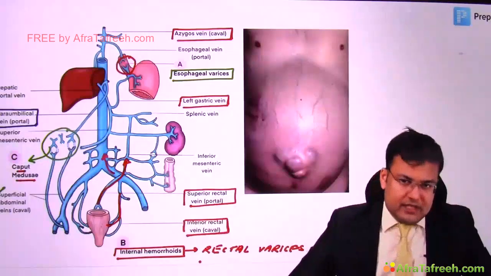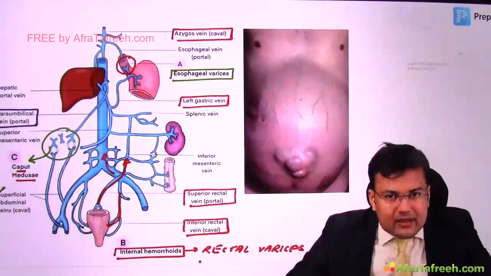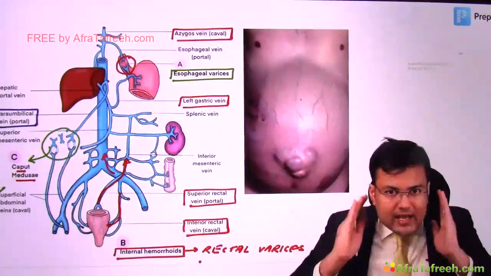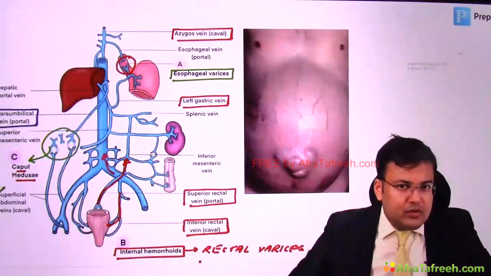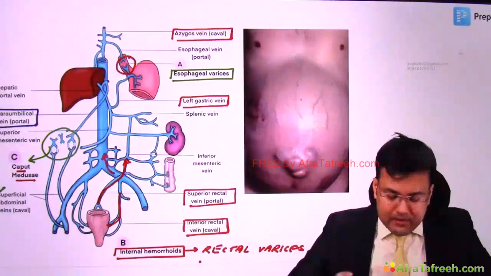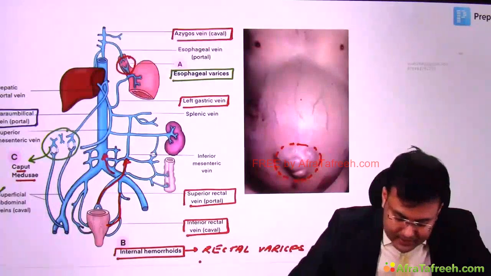Now see the question which is asked. Suppose I am putting my stethoscope around the umbilicus. At the location of caput medusae, I can hear a venous hum. And what is the name of this murmur? This is known as Cruveilhier-Baumgarten murmur. So what is that? Audible venous hum around the umbilicus.